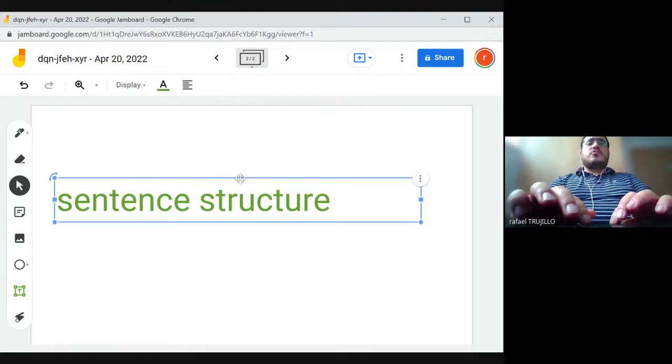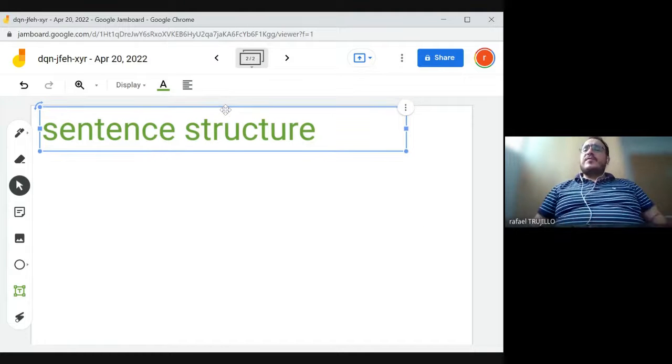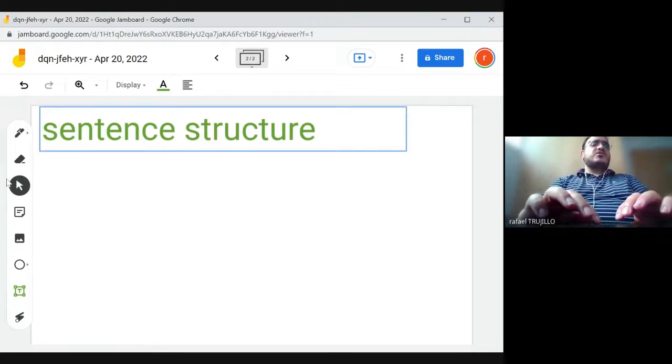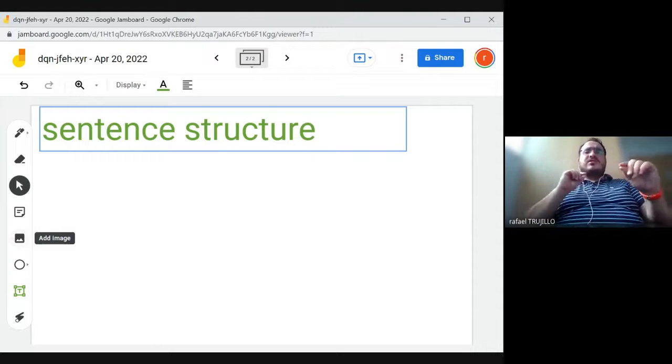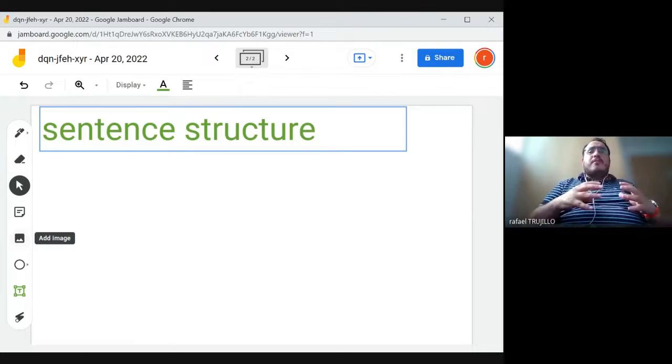Now, sentence structure. Why? ¿Por qué? We have four different types of structures. But beyond the four different structures that I will explain to you grammatically, I have seen that there are some things that you're still missing and that might be very basic, but probably you have never reviewed them.